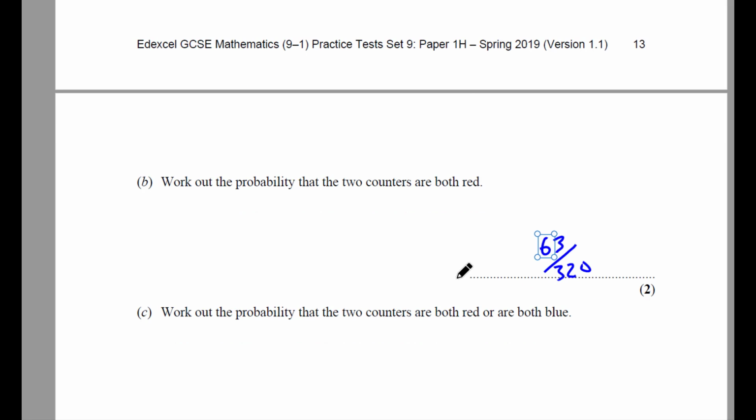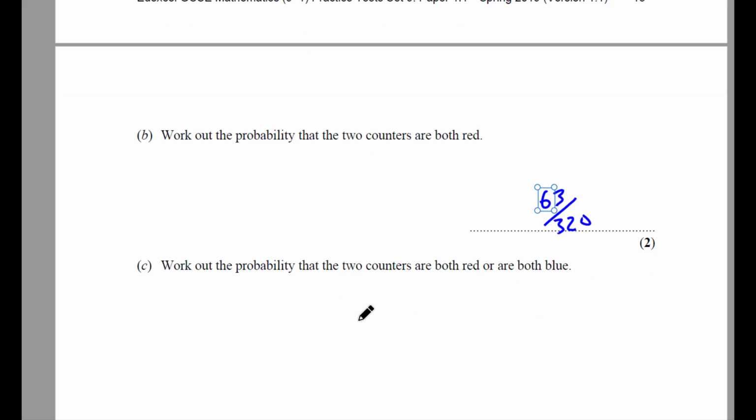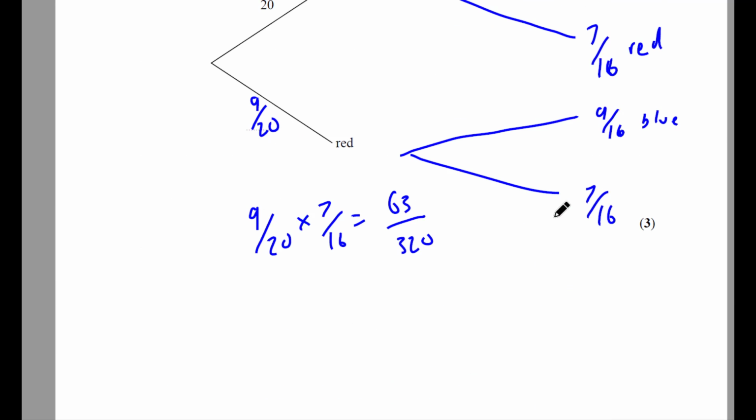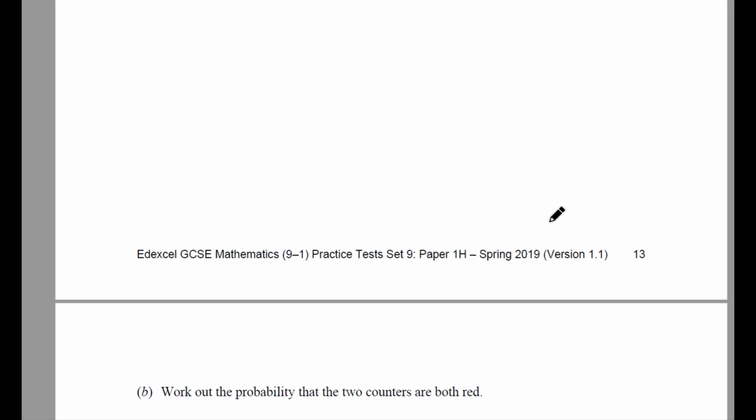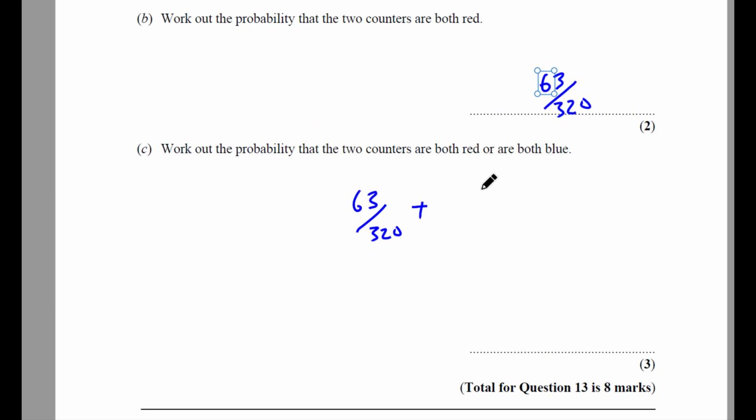The two counters are both red or both blue, so we've got 63 over 320, so we need to add those events. Both blue is 11 out of 20 times 9 over 16, that equals 99 over 320.